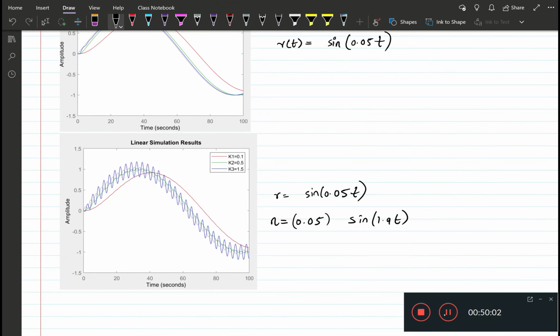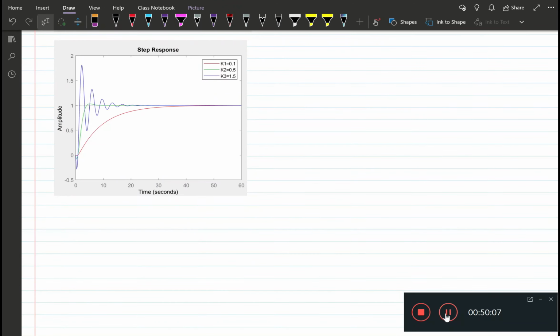So let's also quickly see the step response. Here you see the step response for the three designs, and again as before you see a smaller rise time and a smaller settling time for the designs with high gain, but with overshoots and with oscillations, whereas the design with low gain has no oscillations and no overshoot, but it is rather slow.